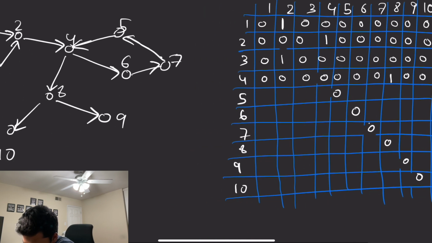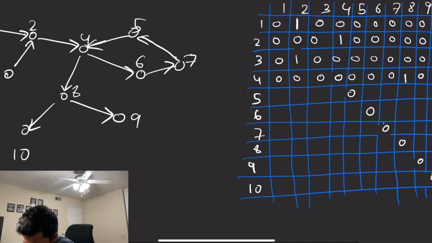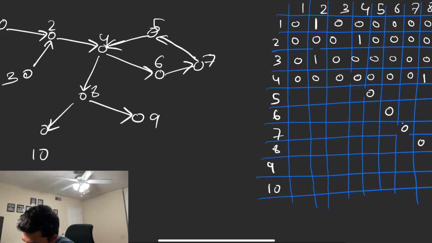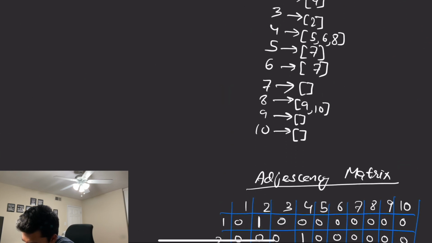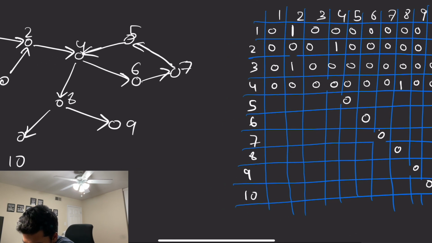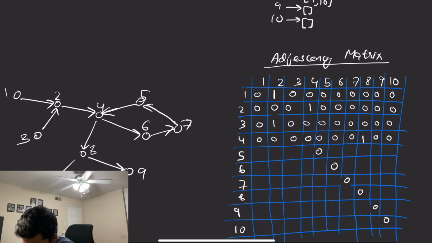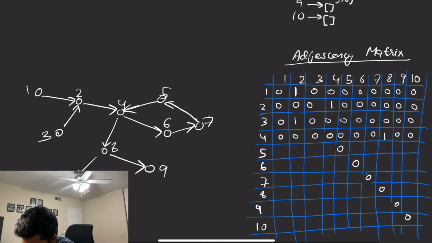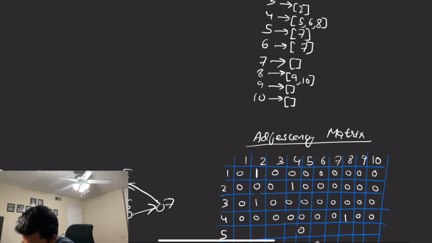That's wrong, isn't it? But ideally, what's happening here? Wait, I think I've made a mistake. Oh yeah, it's because I reversed these edges for the cyclic graph. So now 4 would just be 8.